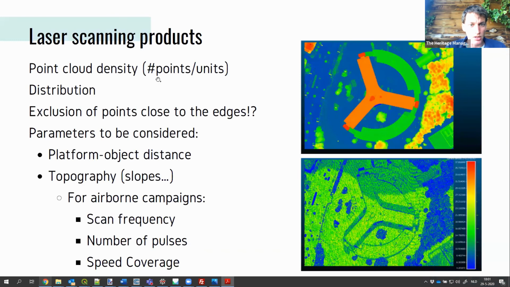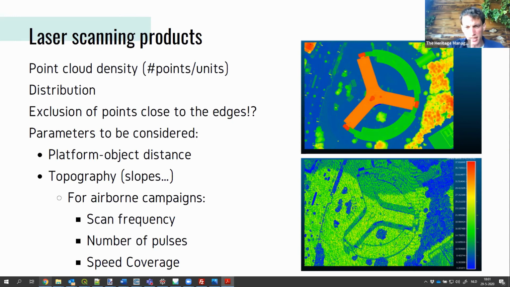And then about the deliverables, so the point products. For your own information or for data management, the point density measures are very interesting. It gives you an idea of the coverage of your data.